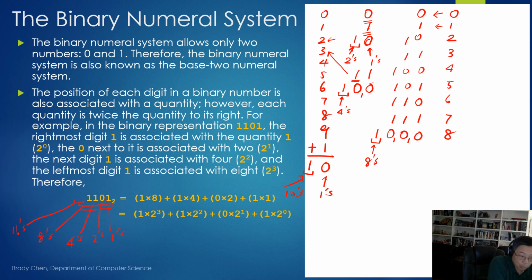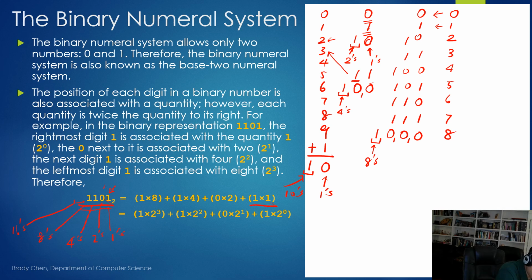Okay. So we can also write the binary number in an expanded form. That means we can separate the numbers in each position. So for this number 1 in 1's position, we can write it as 1 times 1.